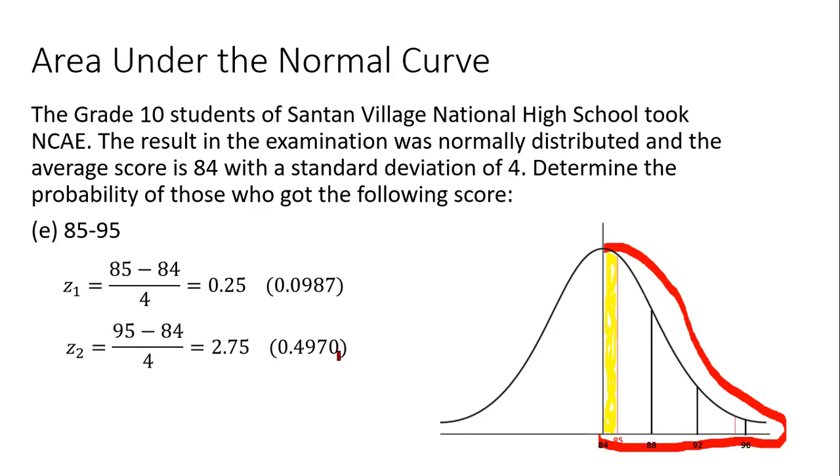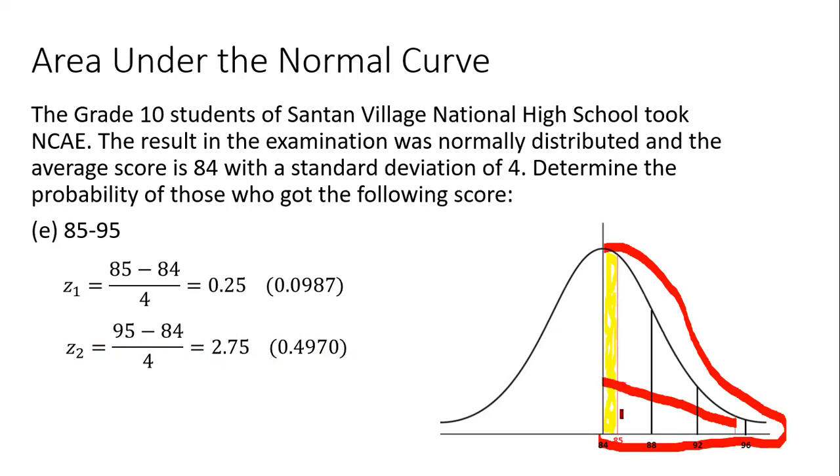So meaning, by the way, before that, kunin muna natin yung area from 84 to 95. That is 0.4970. Okay, that is our larger area.